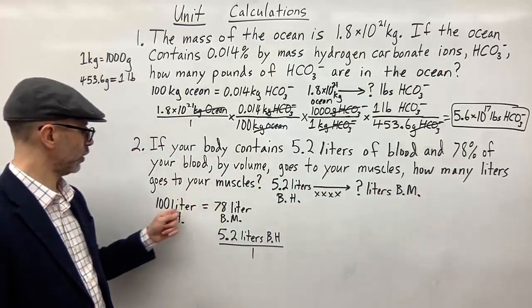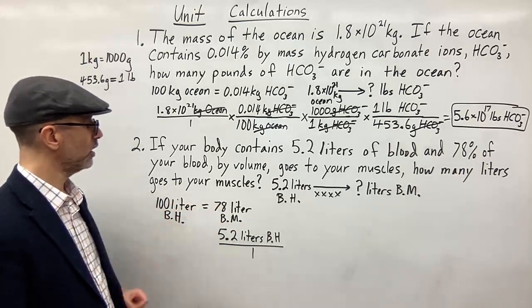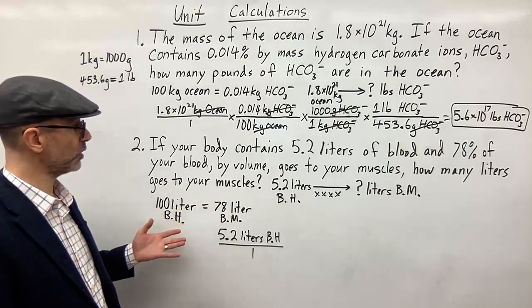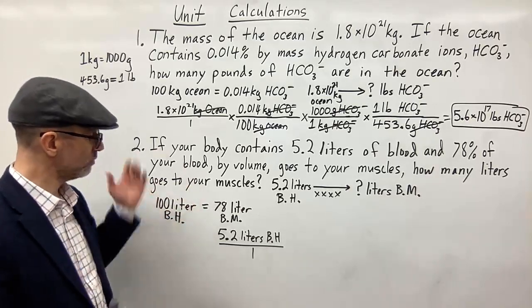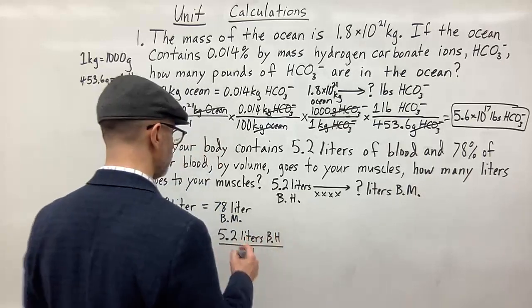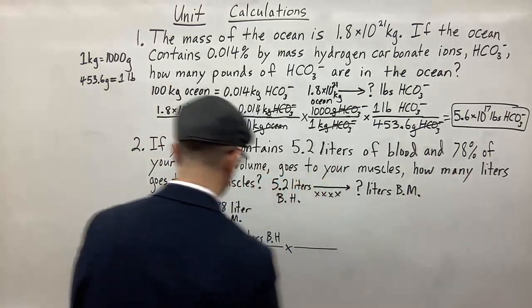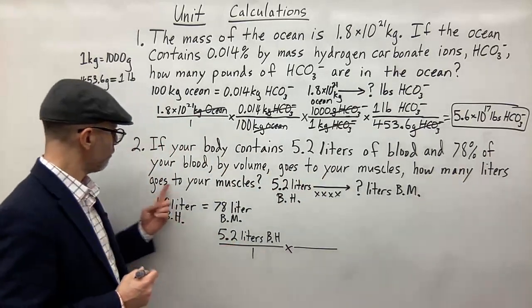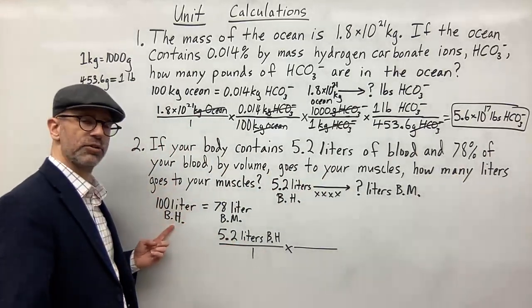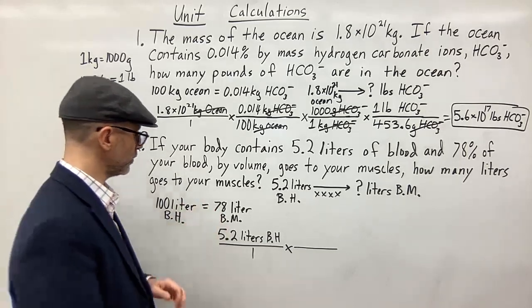Well, we know this conversion factor here, so we can use it to convert from liters of blood to the heart to liters of blood to the muscles. For every 100 liters of blood to the heart, 78 of those liters is blood to the muscles.